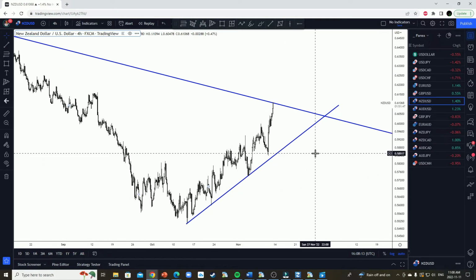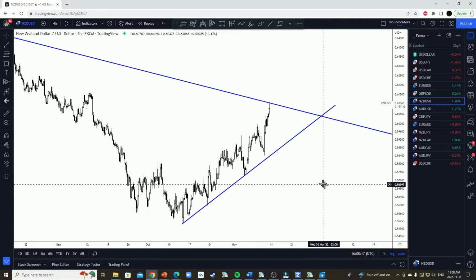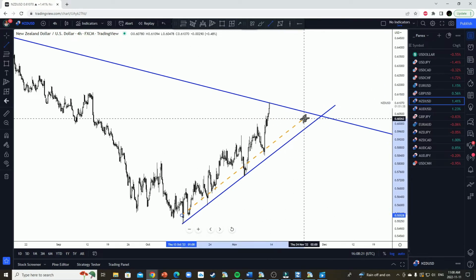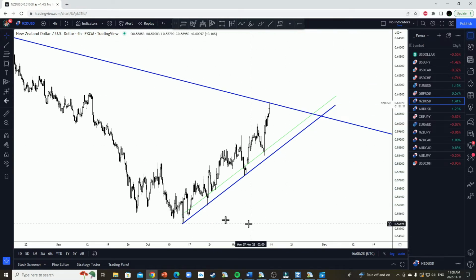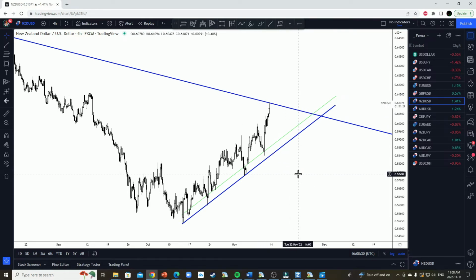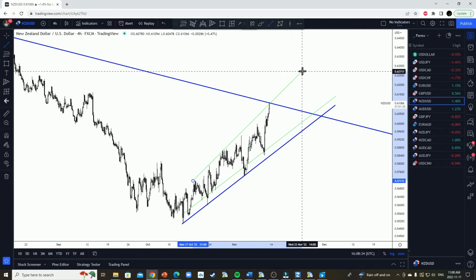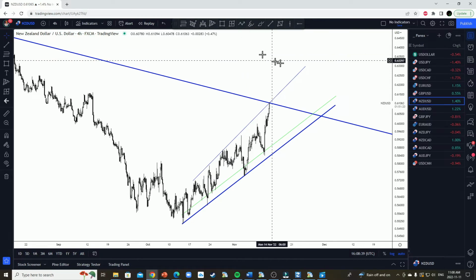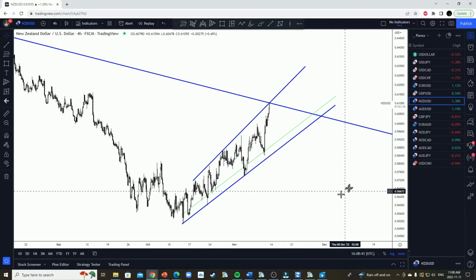If I wanted to get in on a long on this, I would wait for price to get in this zone over here. So that would be where I would get in, but right now it's way up in this zone here, so I don't think this is a play I want to take. So that's kind of the week.